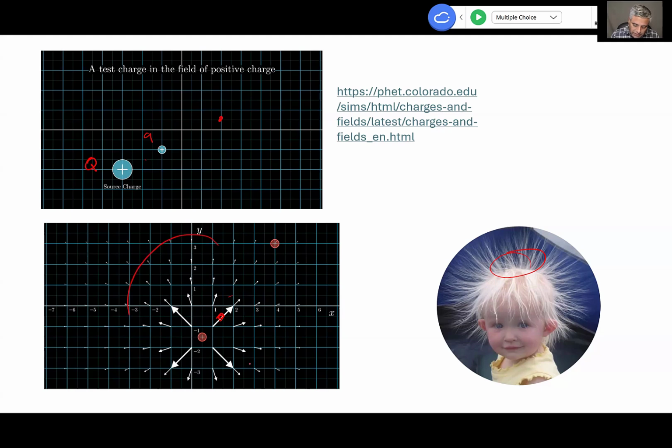And this field map looks like the map of this hair as well. Okay. And there is this animation on the PhET. Where did it go?